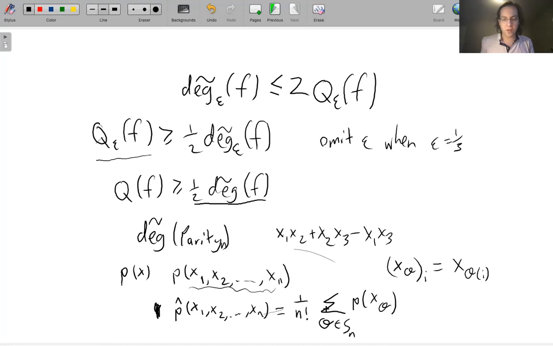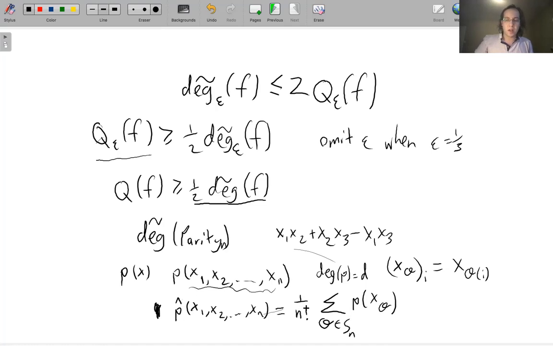One thing to note is that if the degree of p is d, then every term in the sum also has degree d in the original variables. So this polynomial on permuted input is still degree d. Summing things doesn't increase the degree, and dividing by a constant doesn't change the degree.